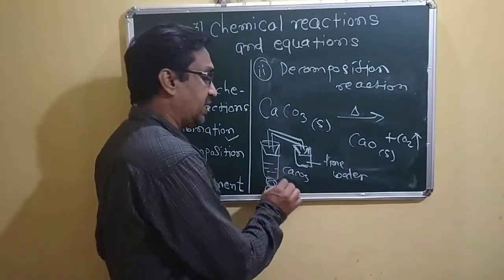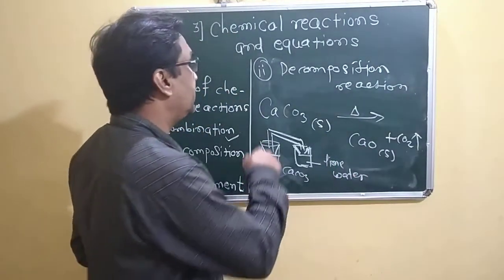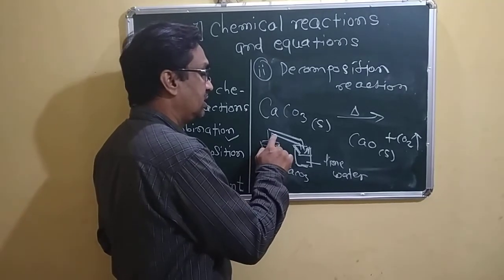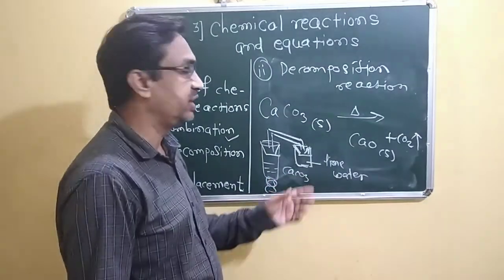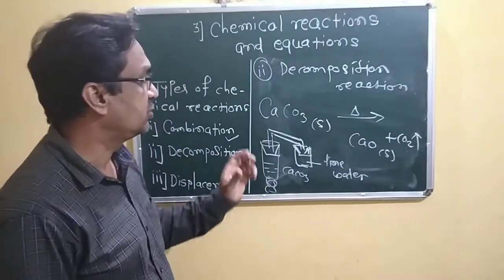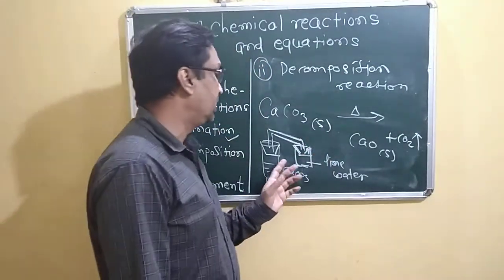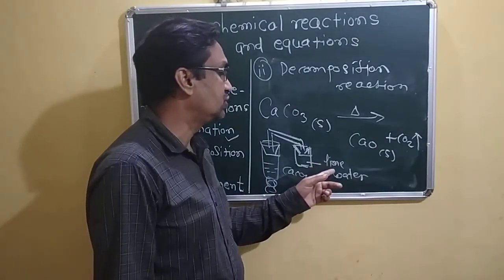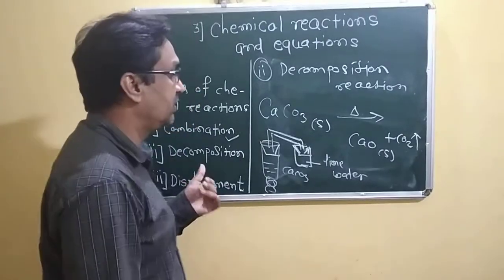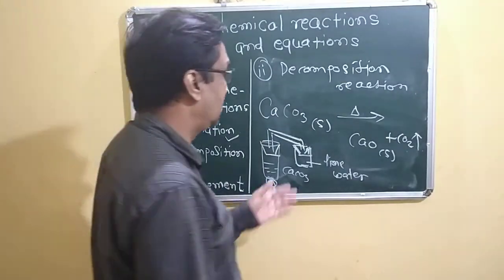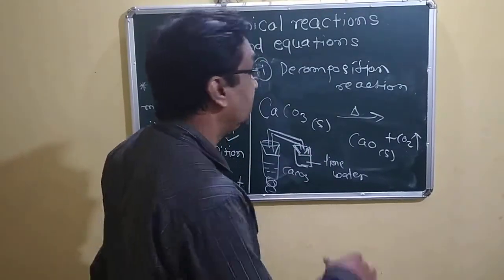One of them is a residue of calcium oxide, which remains here, and the other product is carbon dioxide, which is a gas and is released. In this way, it migrates towards the other test tube, where the lime water solution is already prepared, so it turns milky. To detect the presence of carbon dioxide, we use lime water, which turns milky when carbon dioxide is transferred into it.